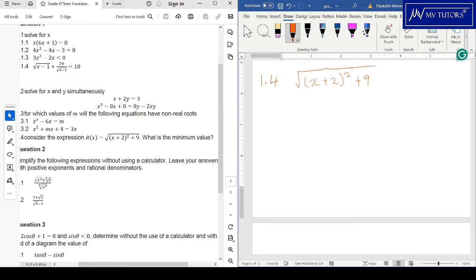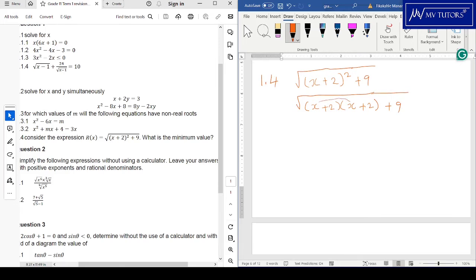Okay, so here's the game plan. To get the minimum value, first we'll multiply this out, like this. There's a square there, so open two brackets, x plus 2, x plus 2, so that we just put it in a standard form that we are all familiar with.